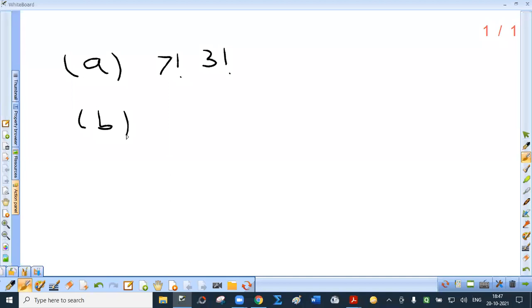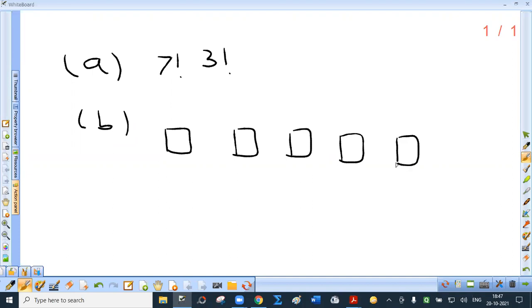Now second part, no 2 vowels are together. This is interesting. See, there are how many consonants? 1, 2, 3, 4, 5, 6. Let me explain, don't write.